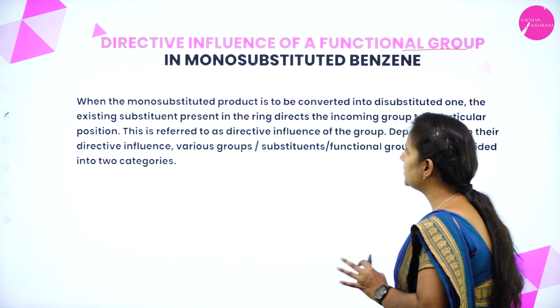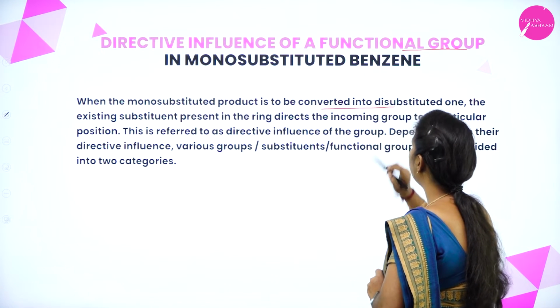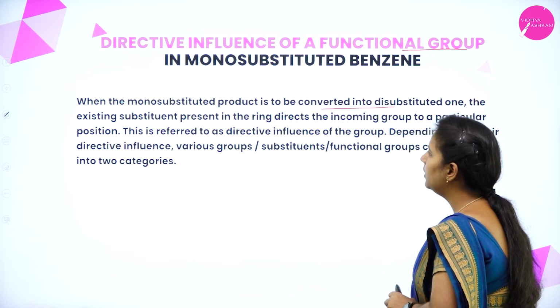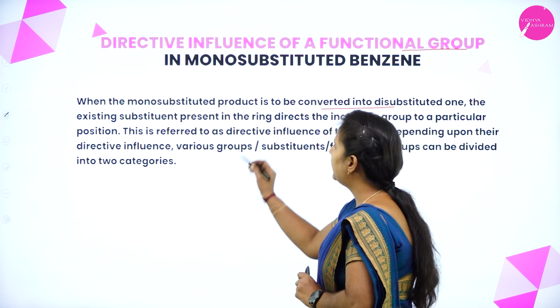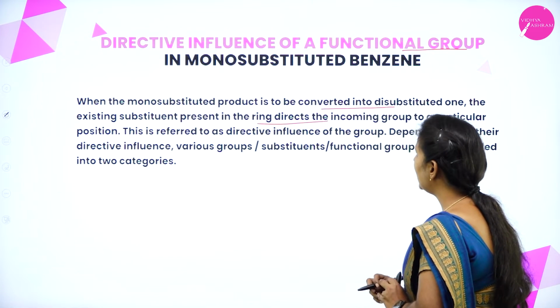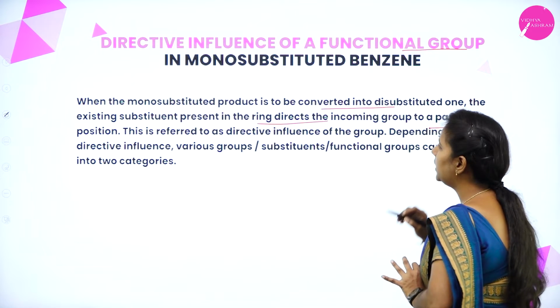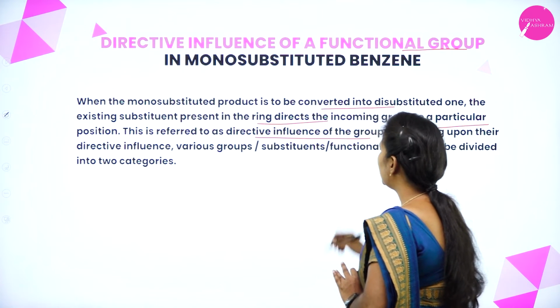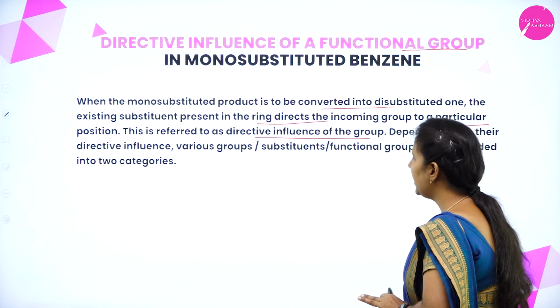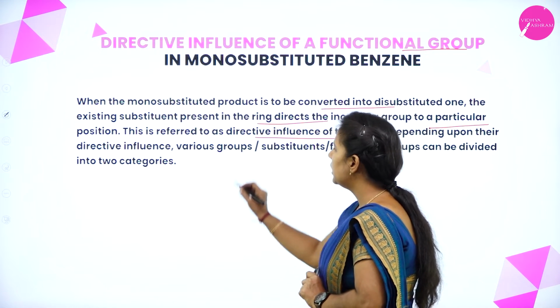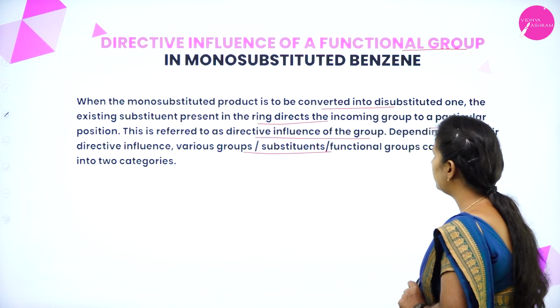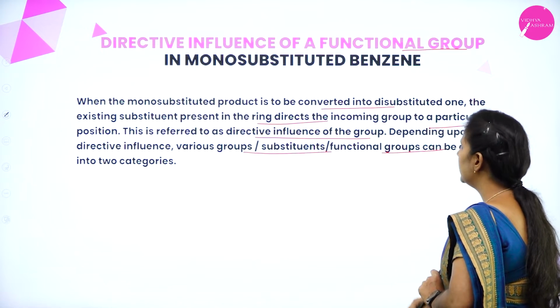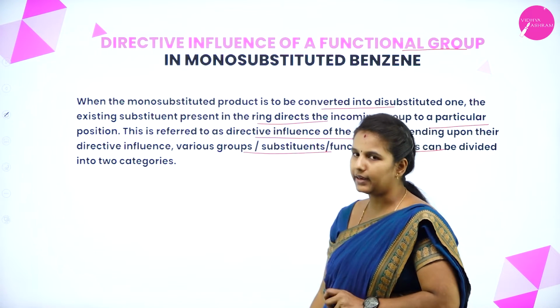When a monosubstituted product is to be converted into a disubstituted one, the existing substituent present in the ring directs the incoming group to a particular position. This is known as directive influence of the group. Depending upon their directive influence, the functional groups can be divided into two categories.